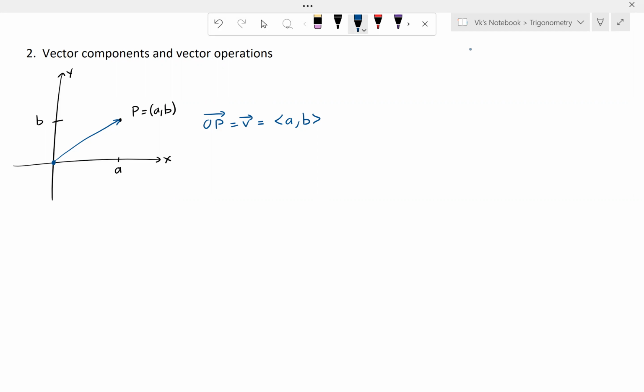Another way we can write this is AI plus BJ, where I is the vector (1, 0), and J is the vector (0, 1). This is the basis in R2, the plane.